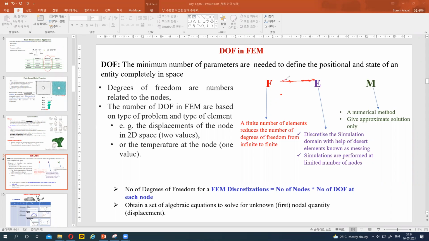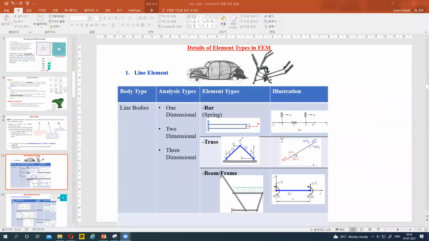So at each node, we only have 1 degree of freedom. Similarly, if it is a two-dimensional problem, a line element, like a two-dimensional truss element, at each node we are solving for displacement in x and y directions, 2 degrees of freedom. Three-dimensional problem, 3 degrees of freedom at each node. That is the degrees of freedom.